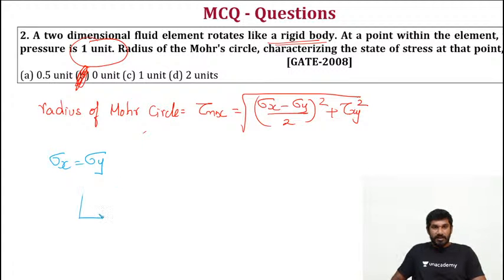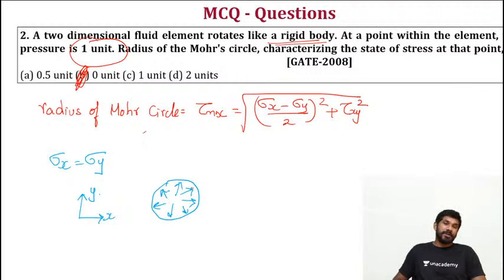That means on the x and y directions the stress will be the same. How? Because in a container the pressure is common, based on Pascal's law. So x and y are equal.